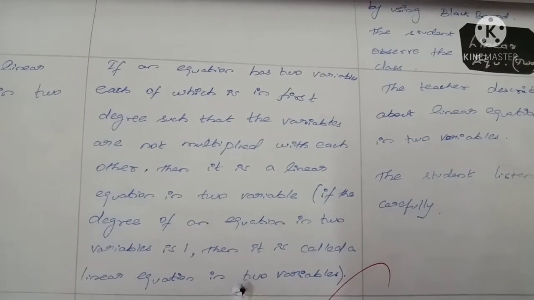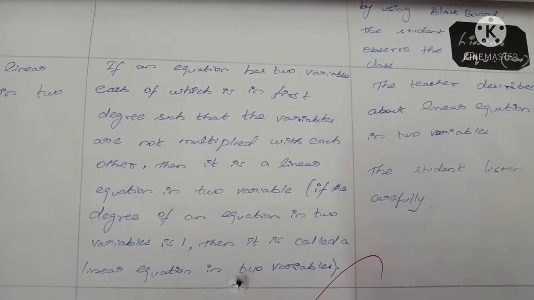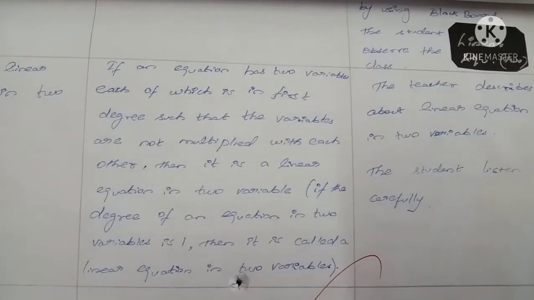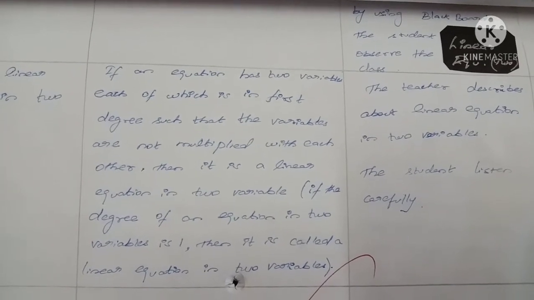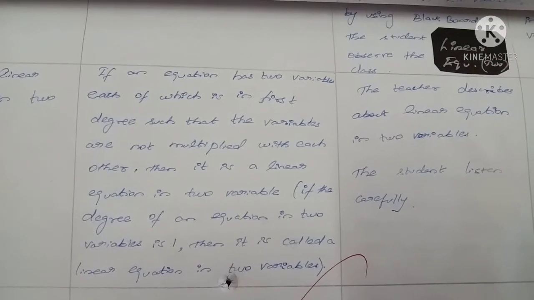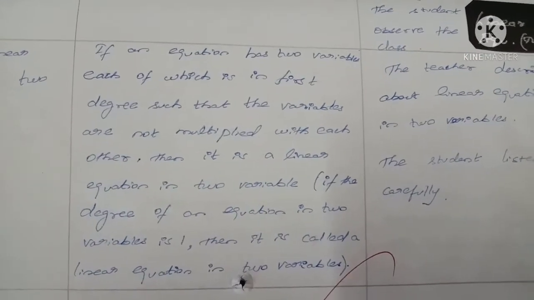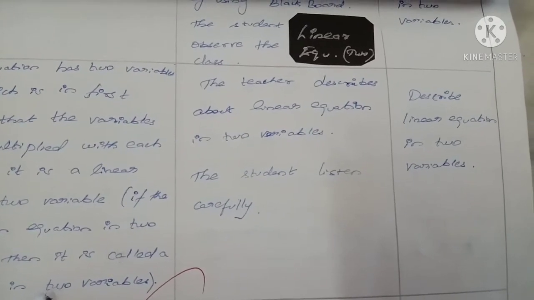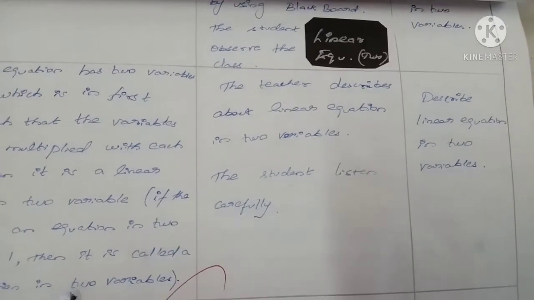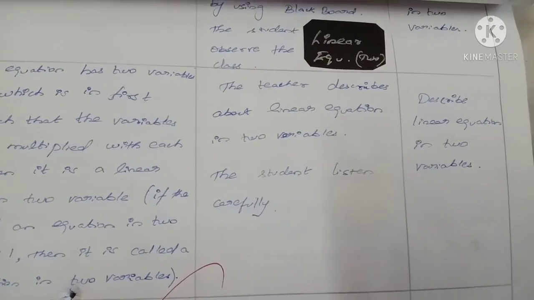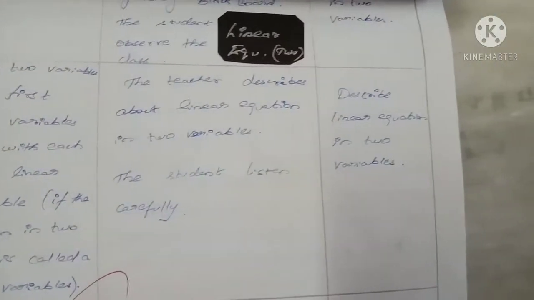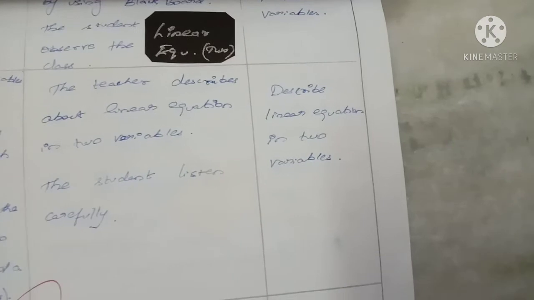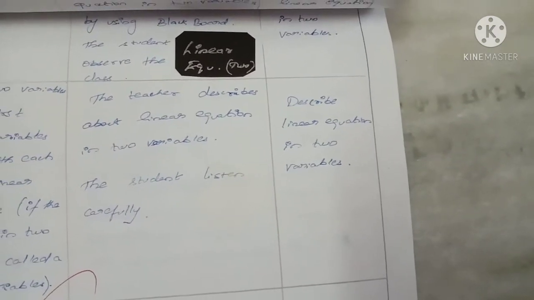In the bracket, if the degree of an equation in two variables is 1, then it is called a linear equation in two variables. Next, in the other box, the teacher describes linear equation in two variables. The students listen carefully. The next box: describe linear equation in two variables.